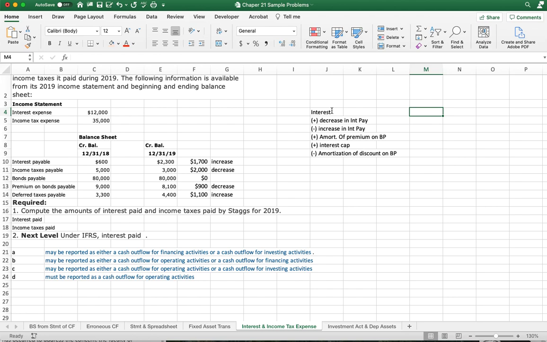As far as the taxes, we're going to add decreases in our income tax payable, which means we would subtract increases in income tax payable.